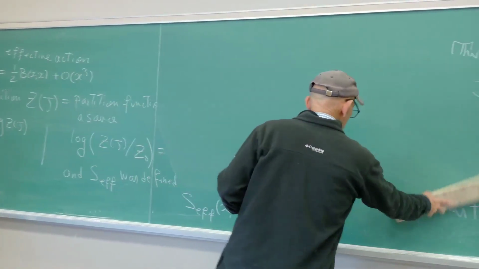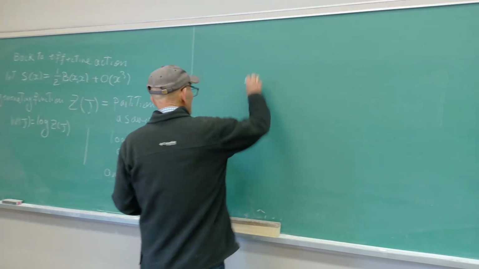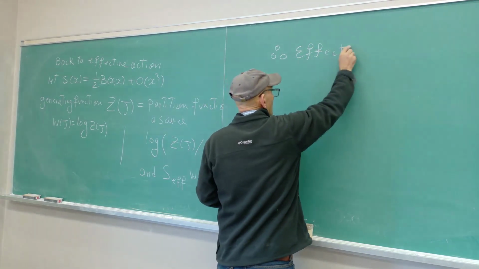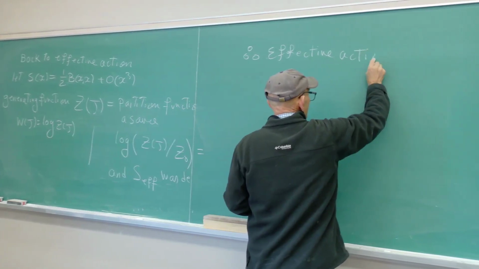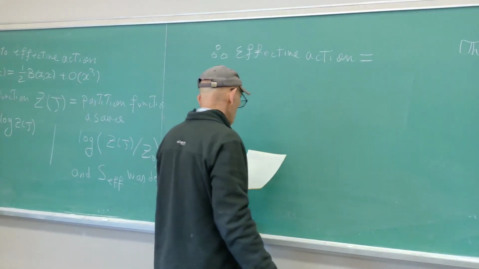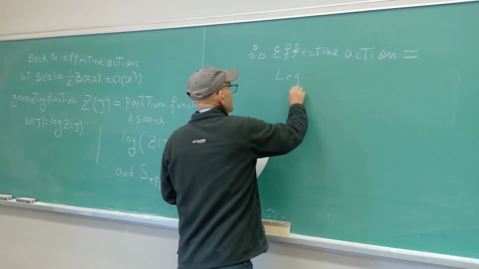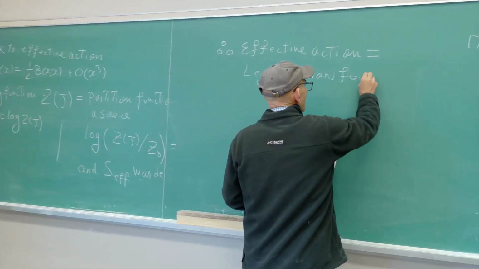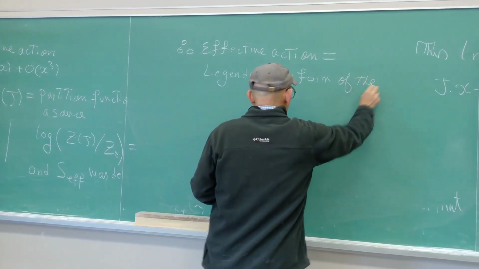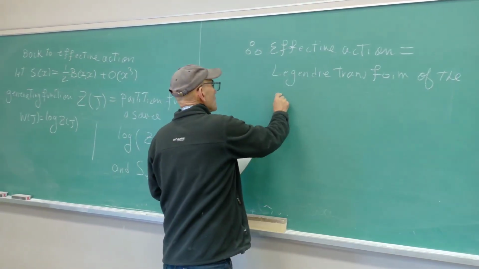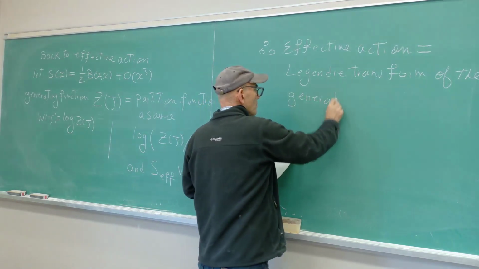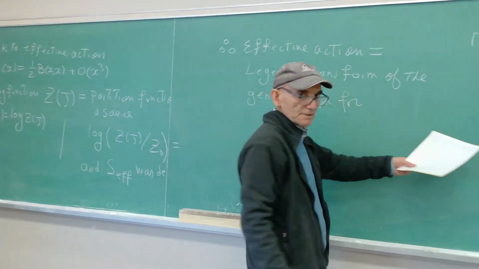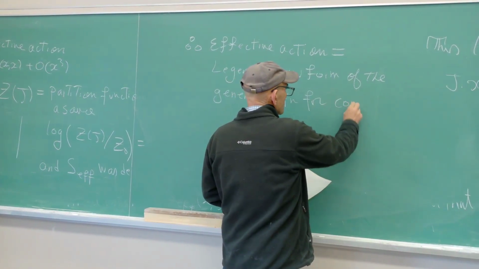He says that the effective action is equal to the Legendre transform of the generating function for correlation, namely Z of J for correlation.